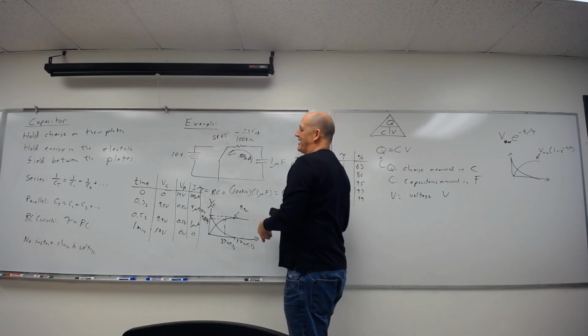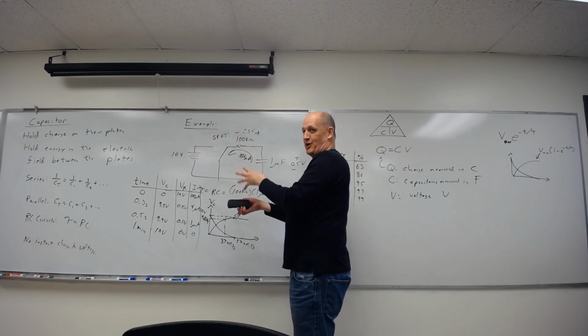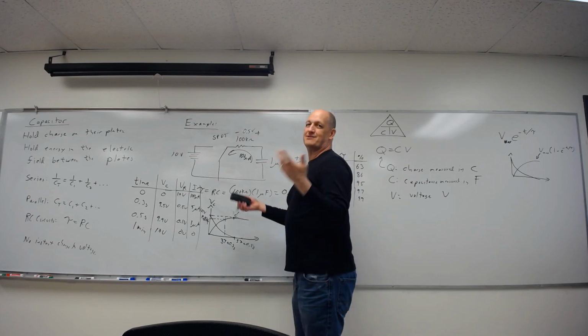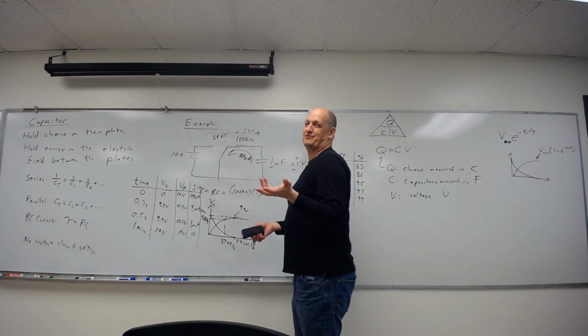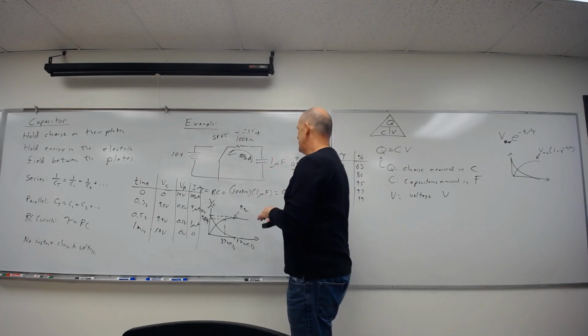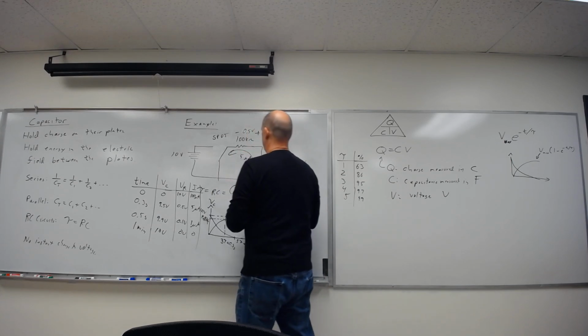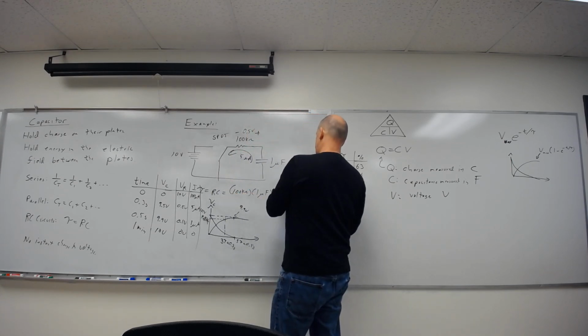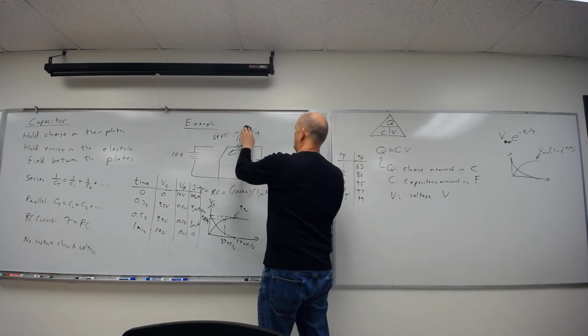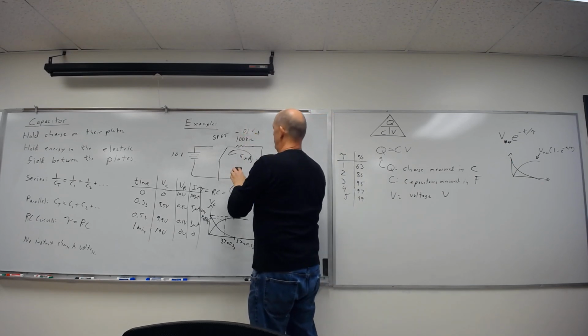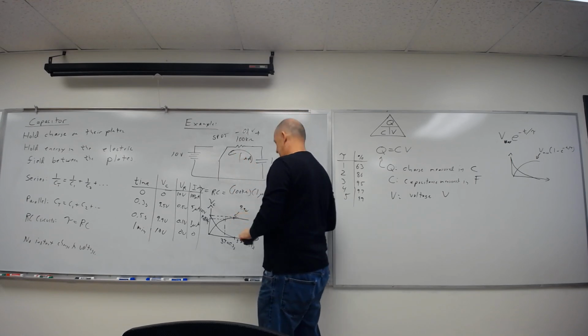But unlike a battery that has a chemical inside that can keep charging it, this doesn't. So as it drains, it just drains. So my current now is dropped to 5 microamps. After another 0.2 of a second, I'm all the way down to 0.1 volt here, 0.1 volt there, 1 microamp.